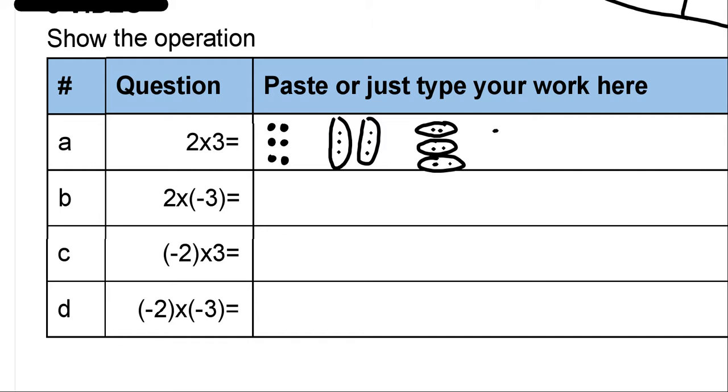So you could have 2 plus 2 plus 2, or 3 plus 3. They're both equal to each other. 2 plus 2 plus 2, or 3 plus 3. They're out of order that way.